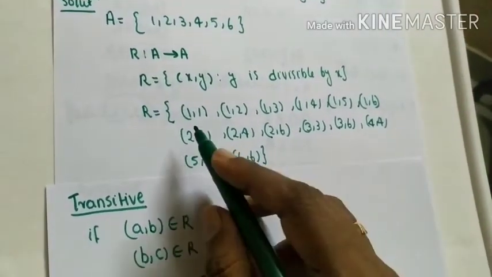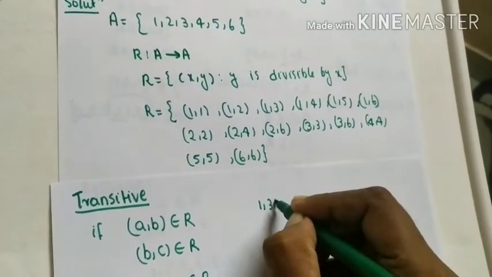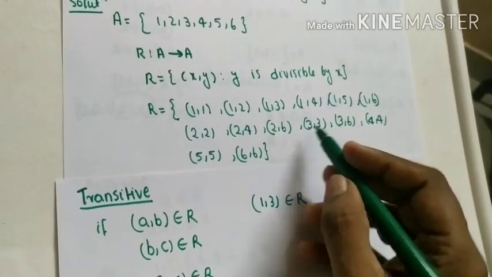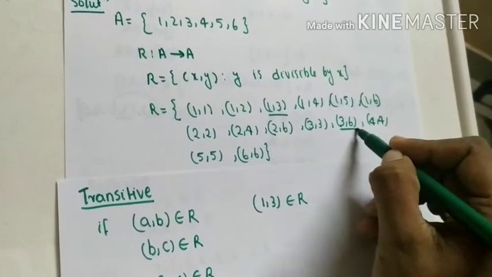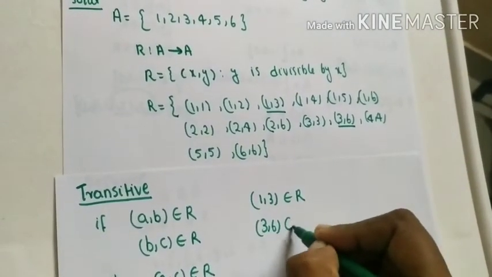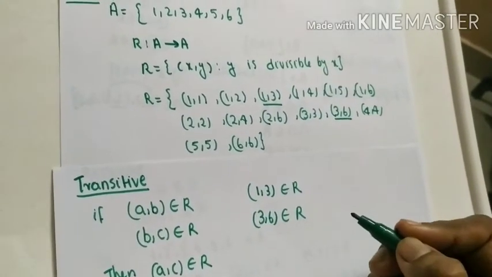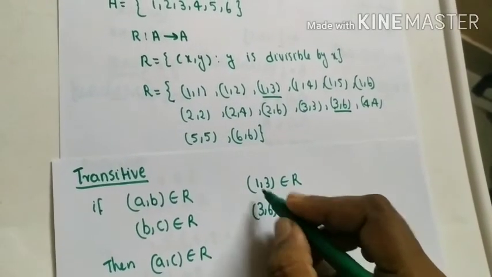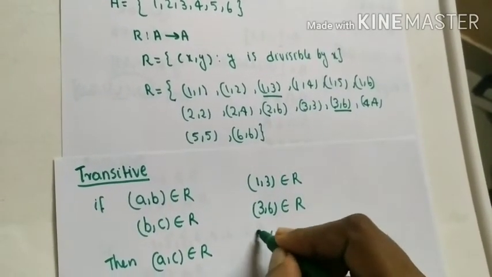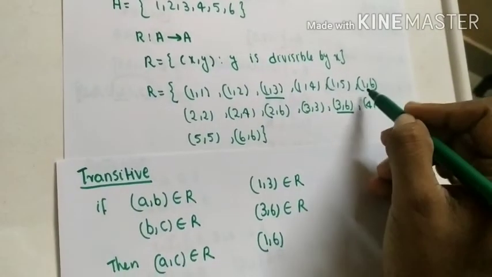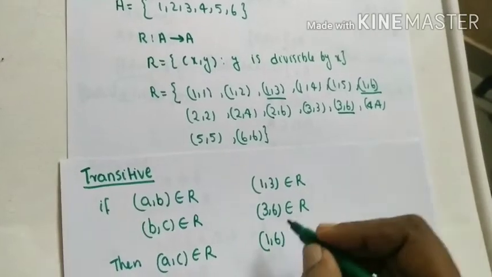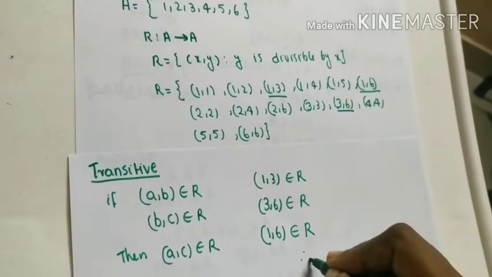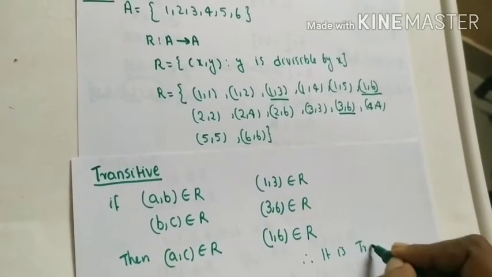We can see that (1,3) is an element of our relation, and (3,6) is also an element of our relation. Check (1,6): here also (1,6) is present, right? So (1,6) is also an element of our relation. Therefore it is transitive.